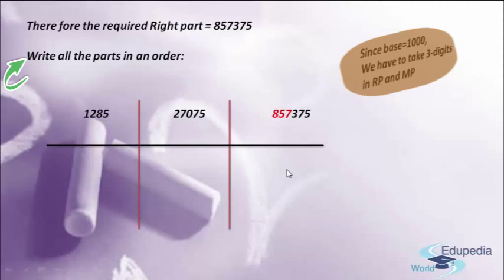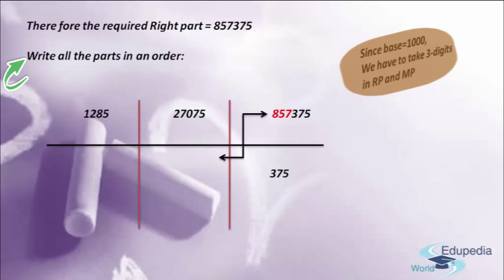So therefore, now coming to the right part here, the number or the answer what we have got is a 6-digit number, that is 857,375. So therefore, now what I am going to do here is, I am going to take the last 3 digits, that is 375 in my answer, and I am sending 857, that is the remaining number, as carry on to the next part, that is to the middle part, and I am adding to it.